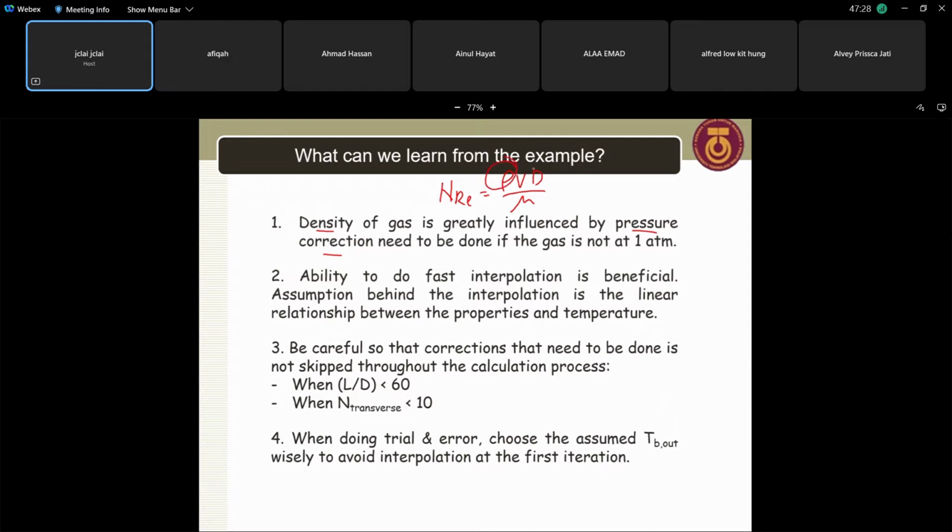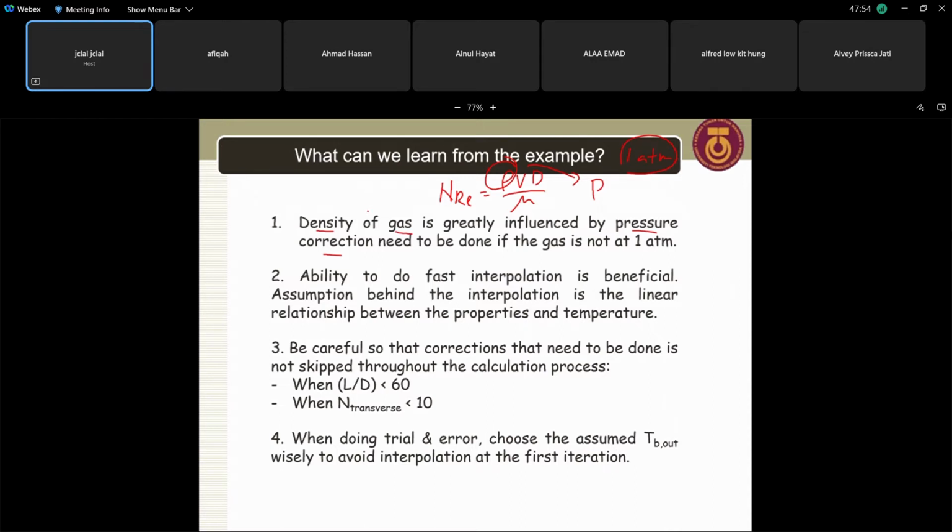This rho is actually affected by the pressure of the gas. And what you get from the table are all at 1 atm, right? So you need to do correction if the gas is not at 1 atm.